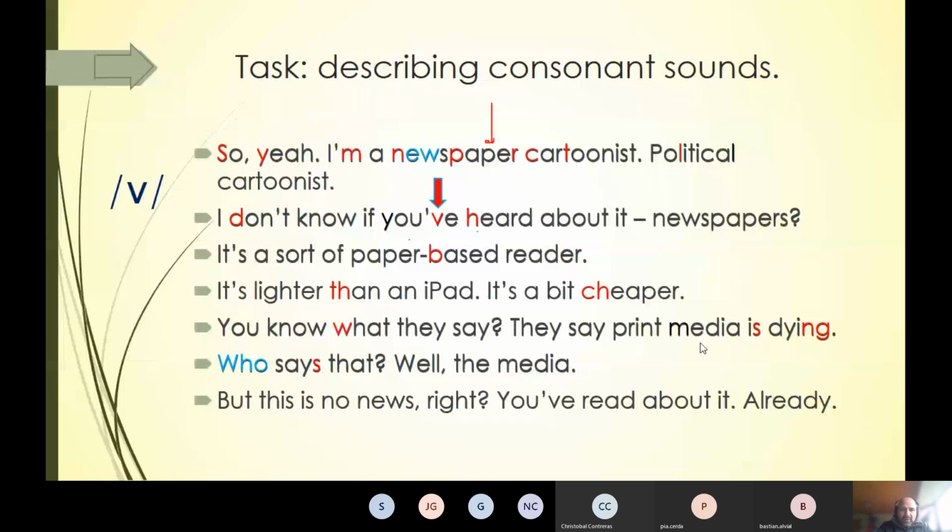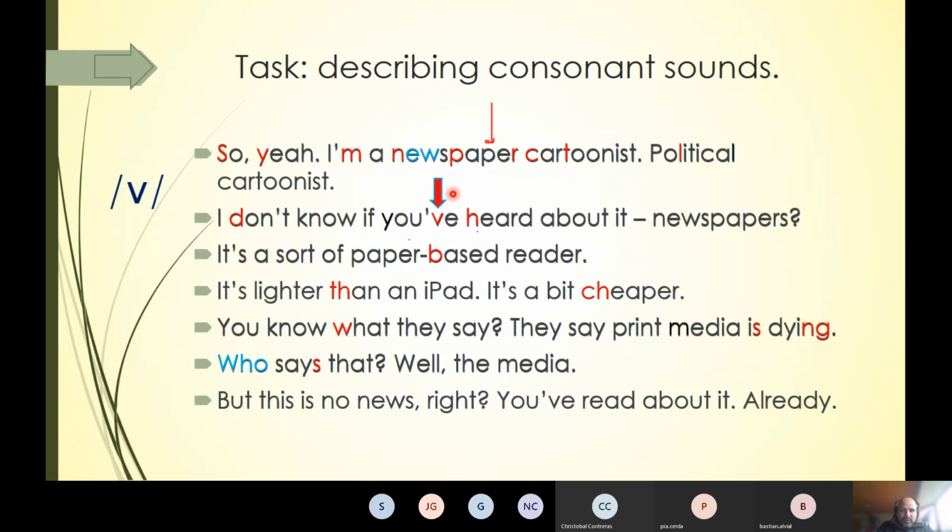Now, if you look at the following sounds, in this case graphemes, that are in red, which one do you think is interdental?